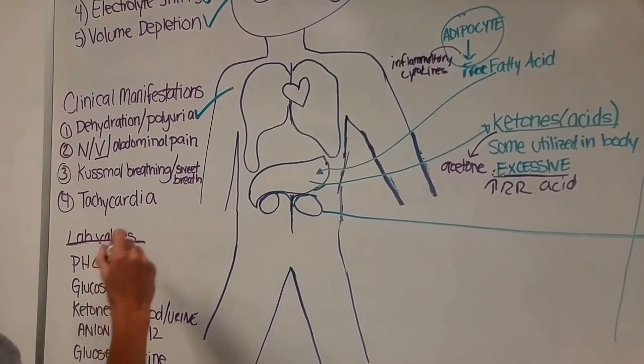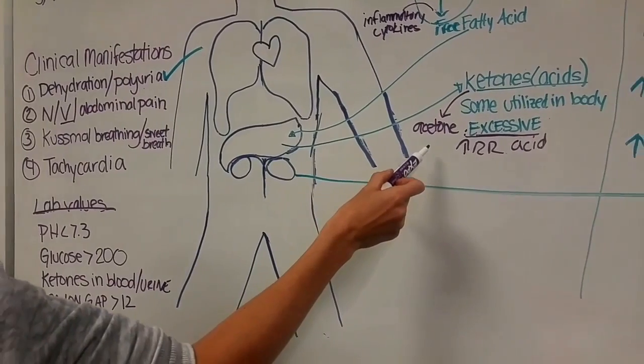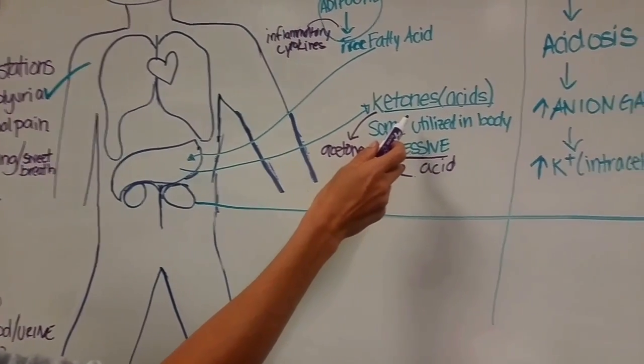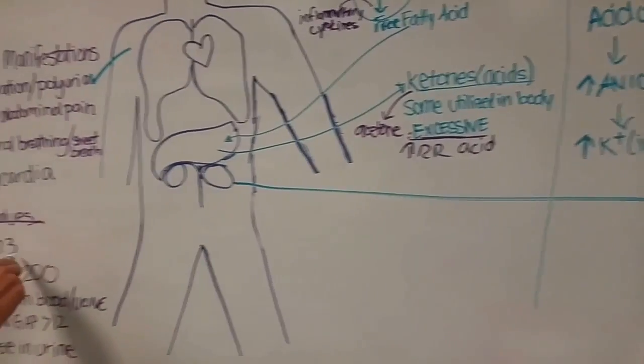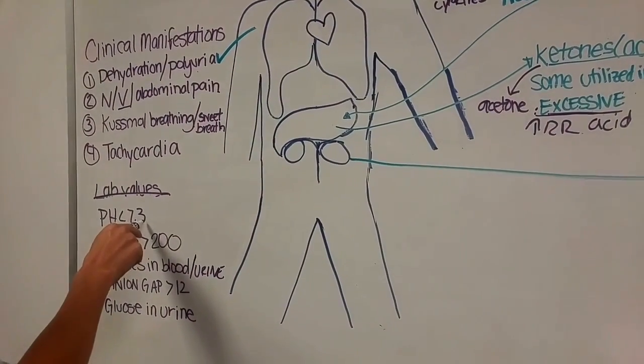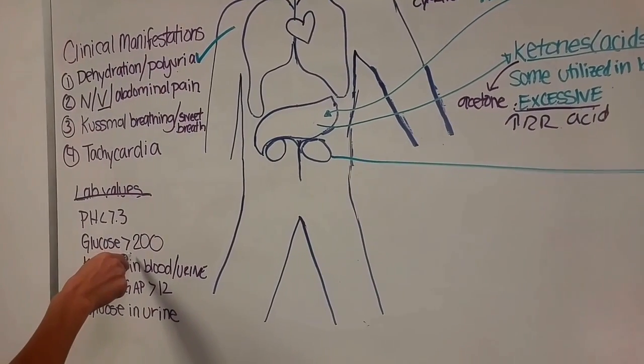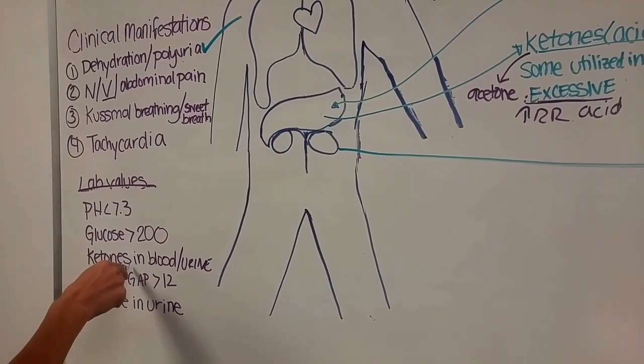Next, let's talk about lab values. So, with that profound amount of ketones, creates a profound acidosis, which lowers your pH to lower than 7.3. Now, glucose greater than 200, we already discussed that.